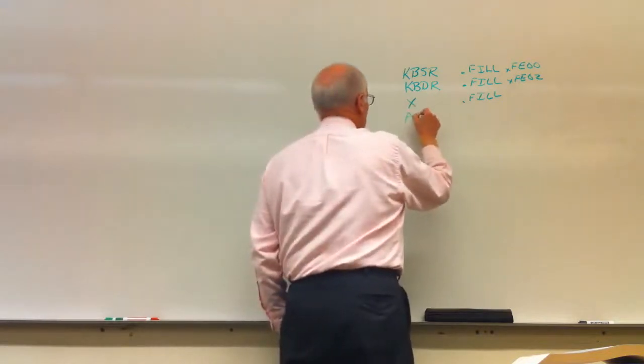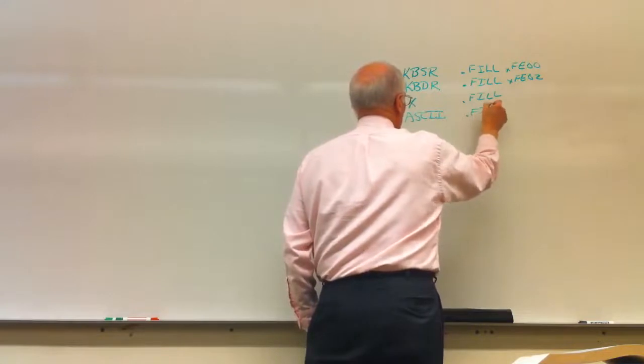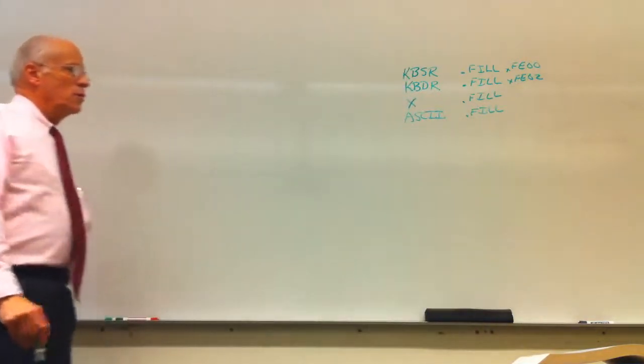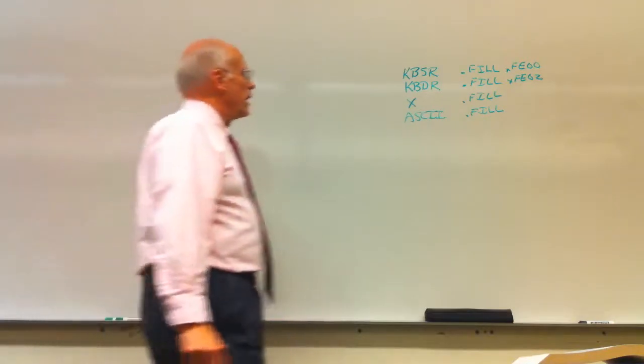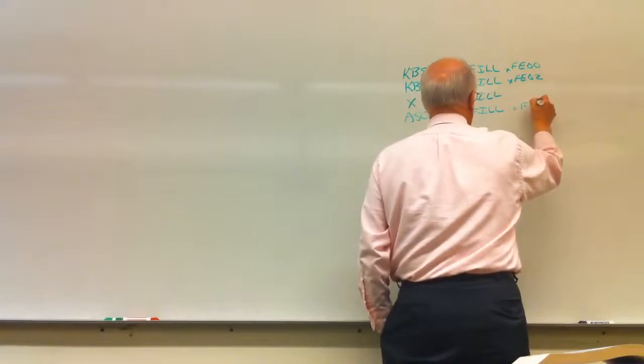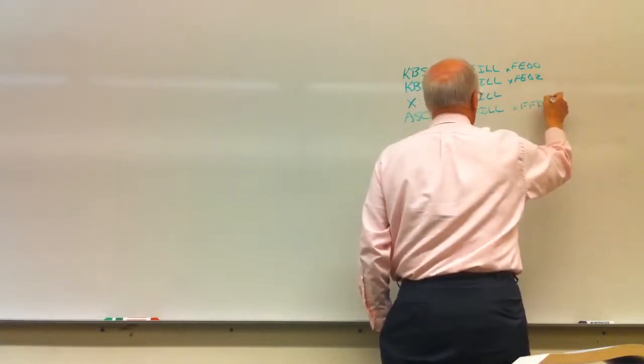We needed this to strip off the ASCII coding, which is 30 hex, and it turns out we want it negative, so we have FFD0.